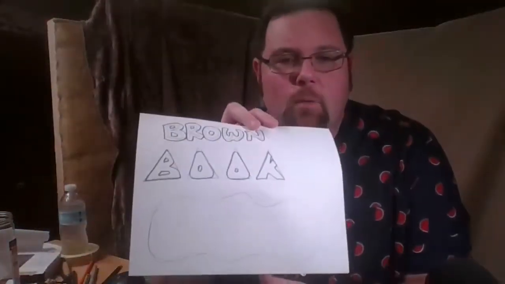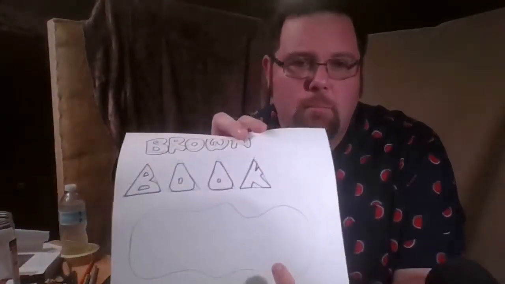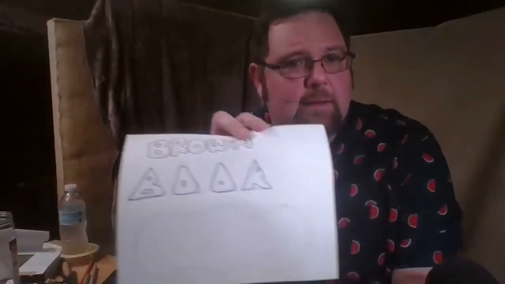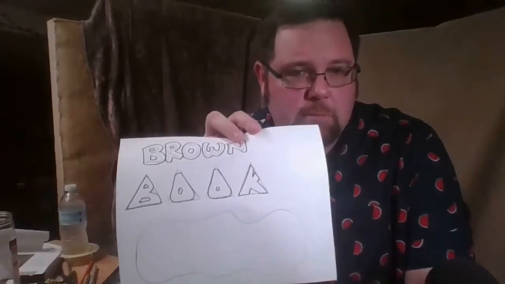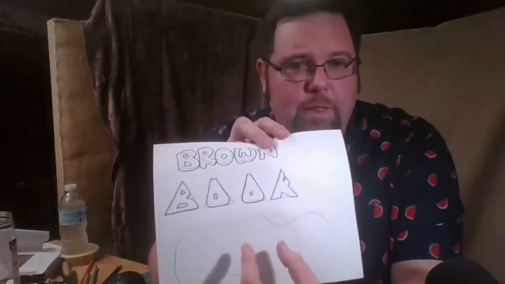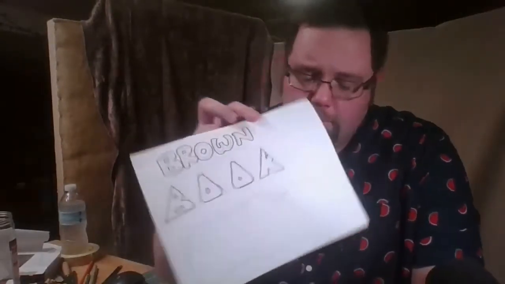N-O, 7 letters. 7, yeah, I'm counting on my hand. So now I could measure this from end to end and then divide by 7, and that would give me a precise measurement of the width of each single letter, or I can just eyeball it.